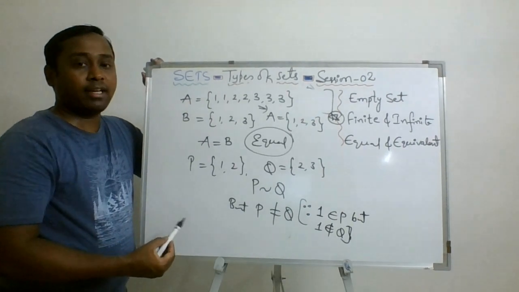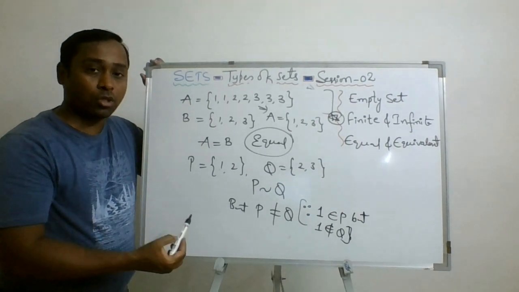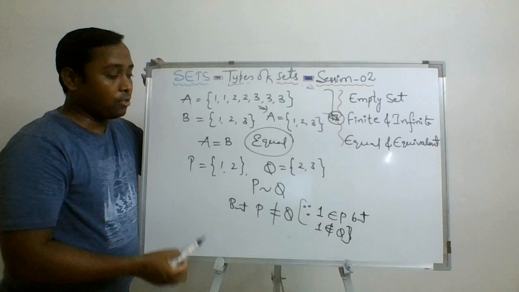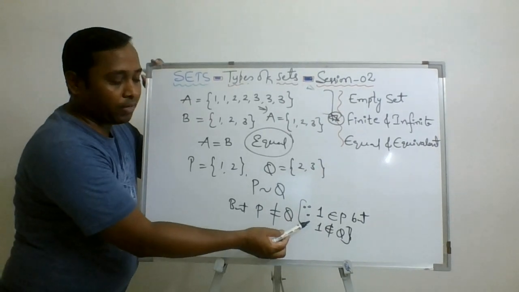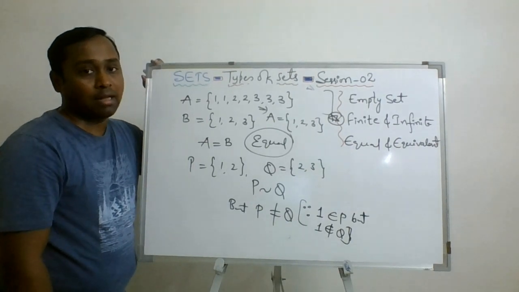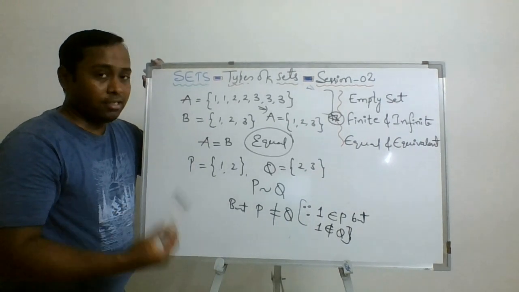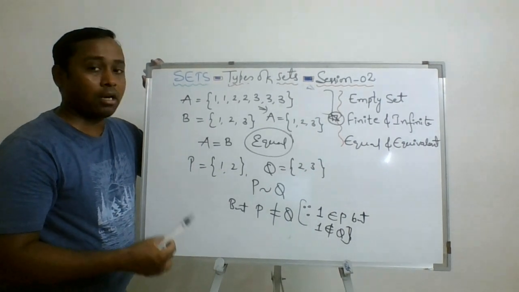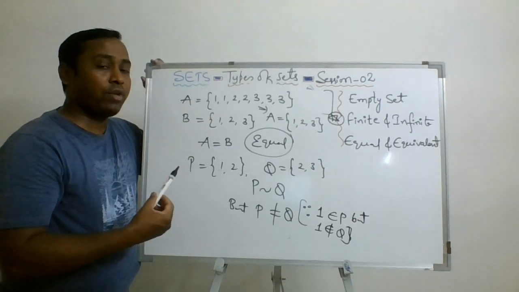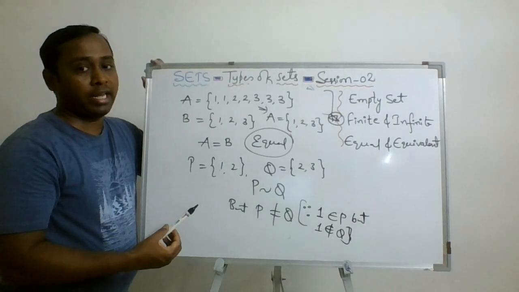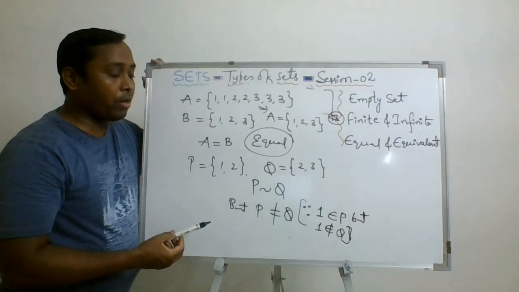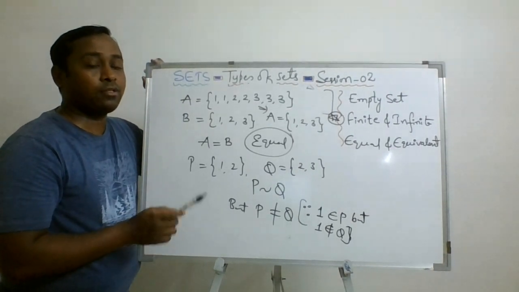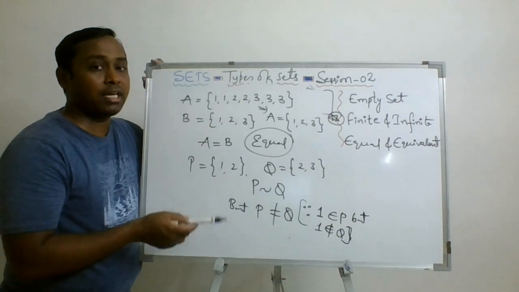So in mathematics, when we want to say a statement is not true or is false, the technique we use is the counter example technique. The counter example technique says to give a proper example where the statement is not true or is false.